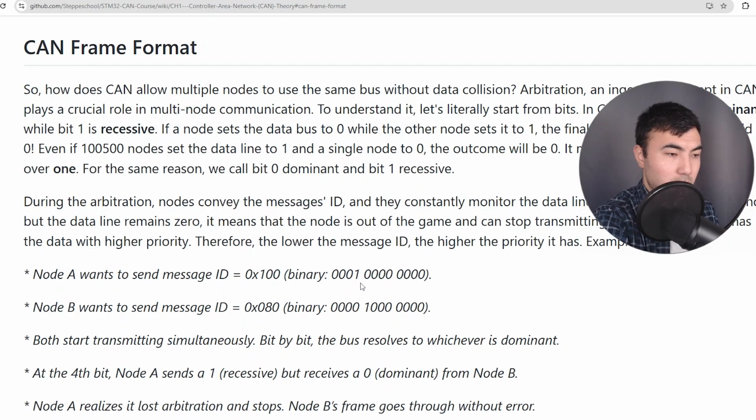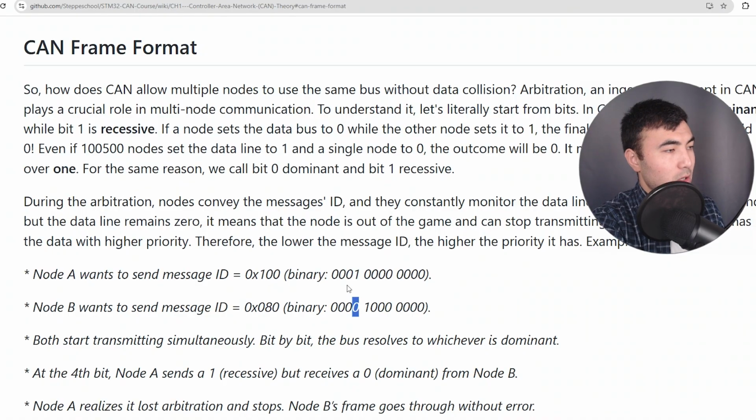On the next bit, node A will transfer 1 and node B will transfer 0, and the state of the data line would of course be 0, because 0 always wins over 1.